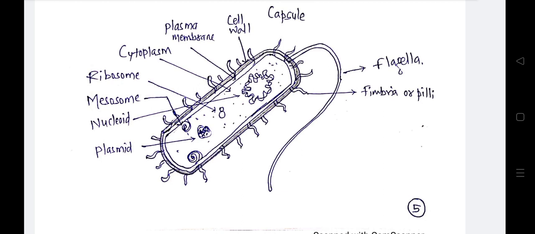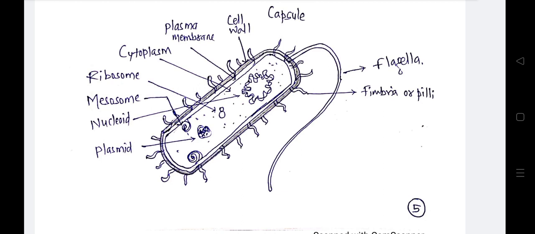In the bacteria the nucleoid is present, and the bacterial cell possesses some extra chromosomes called plasmids. There are many plasmids, 2 to 100 plasmids, in the bacteria. They are called episomes.